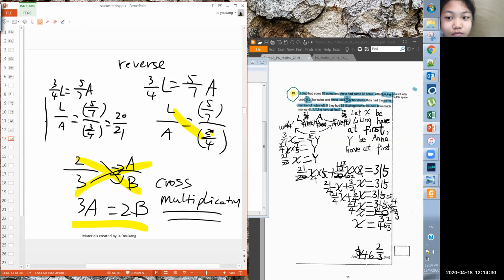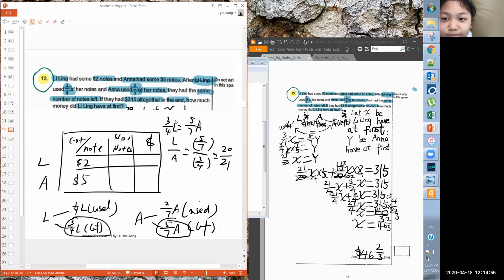L times 3/4, which give you this. A times 3 over 7. Okay? So you will get this. If you punch your calculator, you will get 20 over 21.